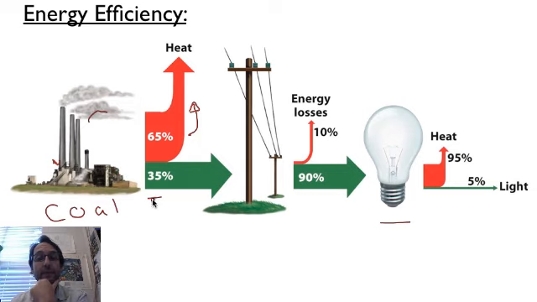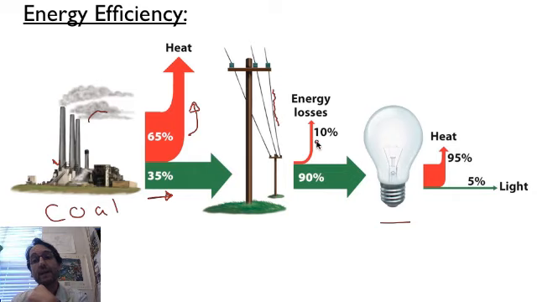Now, of the 35% of energy that goes into our grid that will be then distributed to the homes, some of that energy is lost as it travels down the power lines. It heats up those power lines, some due to just kind of a friction.